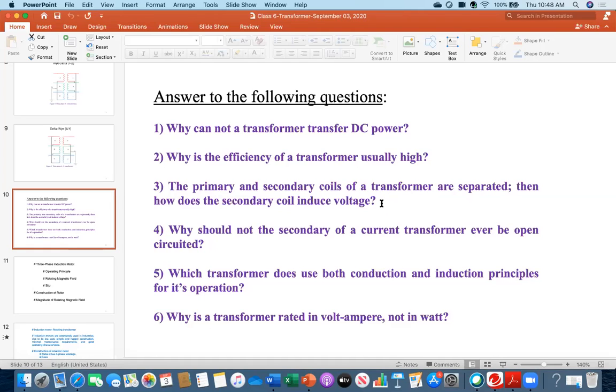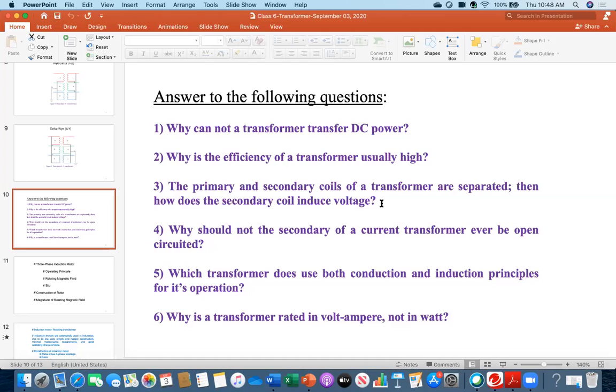Magnetic flux. Exactly. So you will be saying Faraday's law of electromagnetic induction. What you said is right, but just write it in that way: Faraday's law of electromagnetic induction.